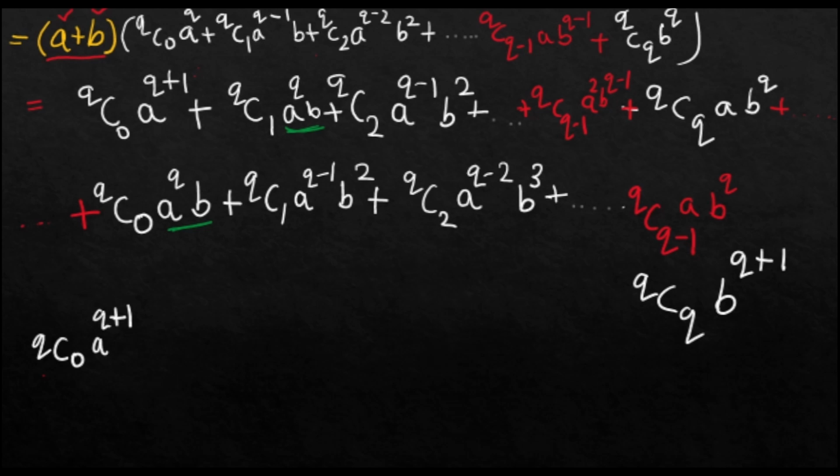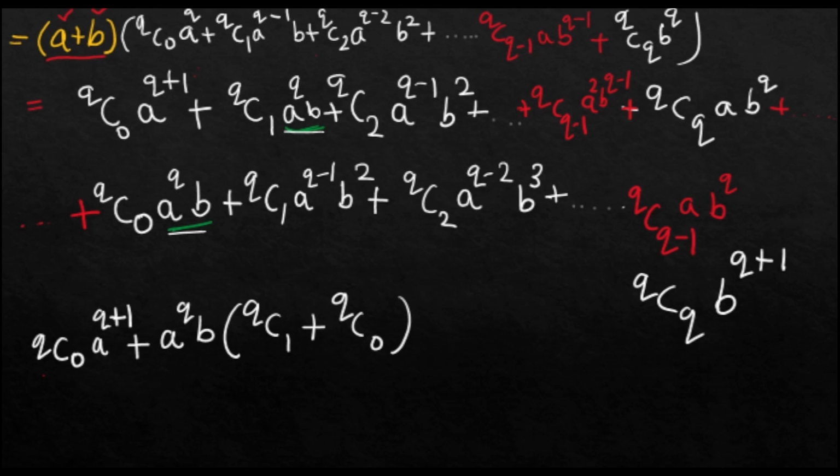Because we didn't find any match with this, so we simply write it. Next, we found the like terms AQB, so we'll write AQB here, AQB and then QC1 plus QC0.